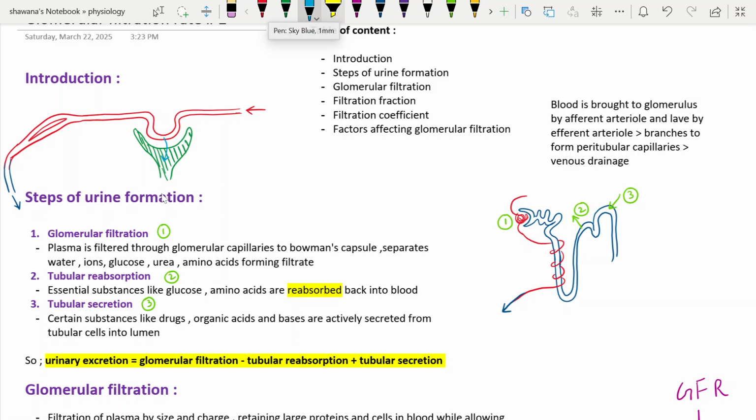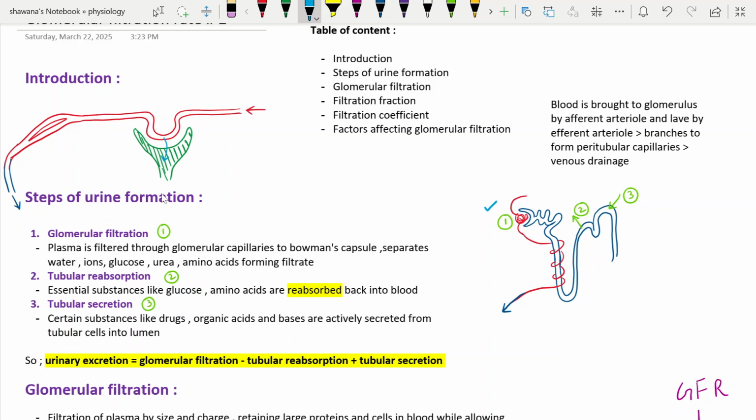First of all, I will start with the steps of urine formation. As you know, urine formation involves three subsequent steps. First is the glomerular filtration step, indicated in the one, where all of the molecules present in the plasma are filtered, including glucose, amino acids, water, ions.